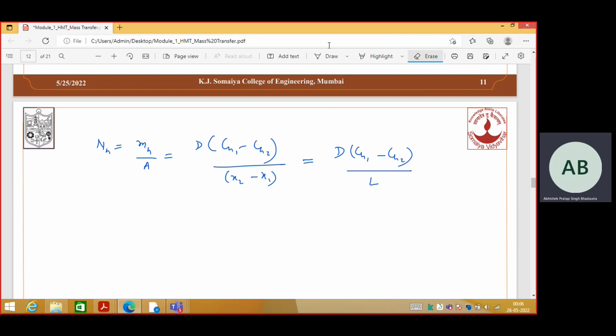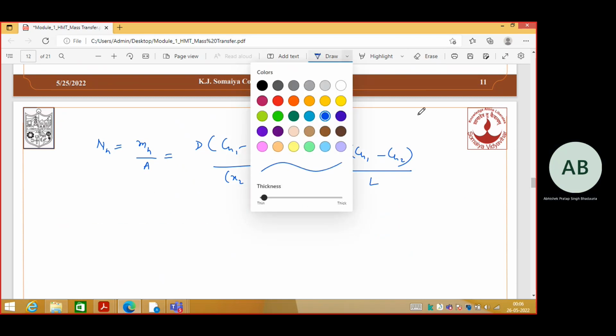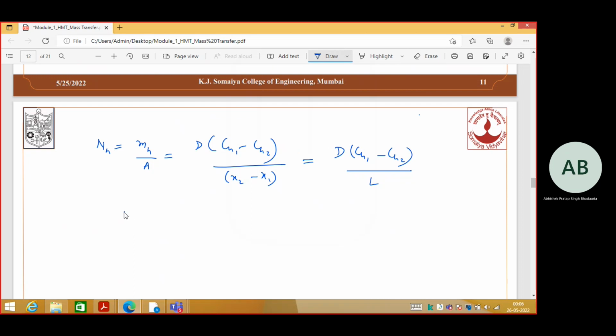Just put the values, so we will be able to calculate it. The calculated answer is 58.19, and write the unit: kg mole per second meter square.